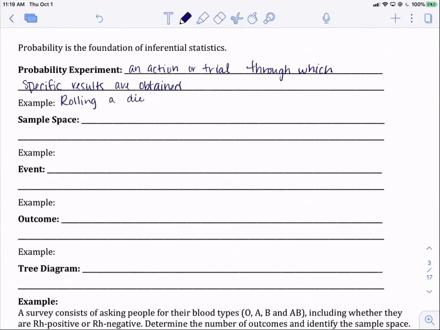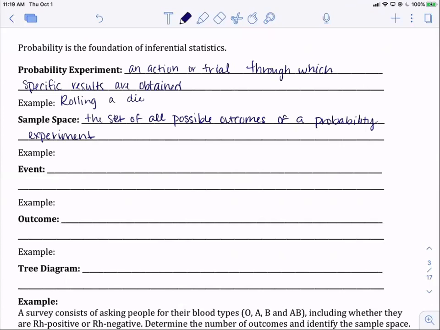The sample space is the set of all possible outcomes of a probability experiment. So if we roll a die, what are all of our possible outcomes? 1 through 6.